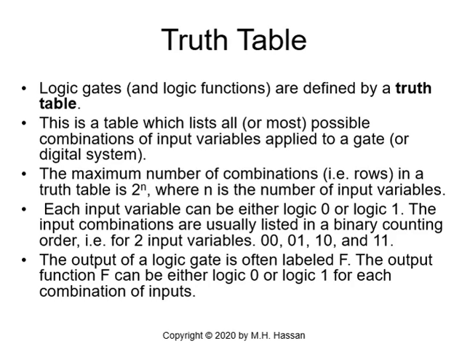So for instance, if n is 2, we'll have 2 to the power 2, which is 4 combinations: 0 0, 0 1, 1 0, and 1 1. And if n is 3, we'll have 2 to the 3, which is 8 combinations: 0 0 0, 0 0 1, way down to 1 1 1.